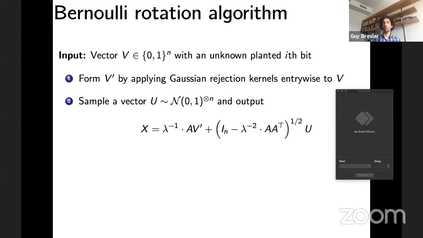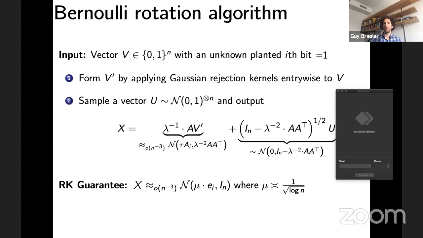Of course, we don't actually know the mean vector for v prime, right? Because depending on which planted vector was one, v prime will have a different mean vector, but that's fine. We don't need to know its distribution. We have some specific set of numbers and we can apply this linear transformation to it.